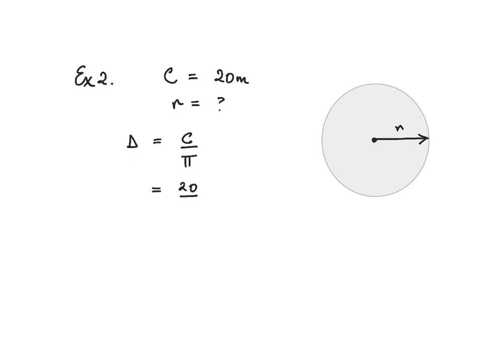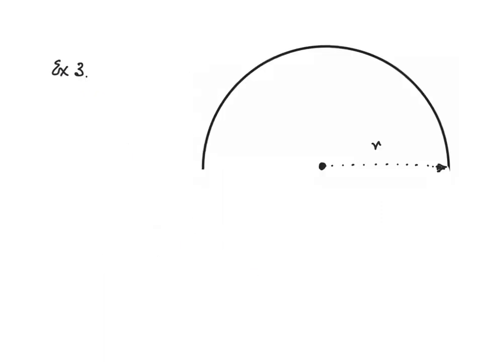So 20 over pi gives us, that's the calculator problem, 20 divided by pi, 6.37. And we have to divide that by 2 to get the radius. And that gives us 3.18. Nice and simple.